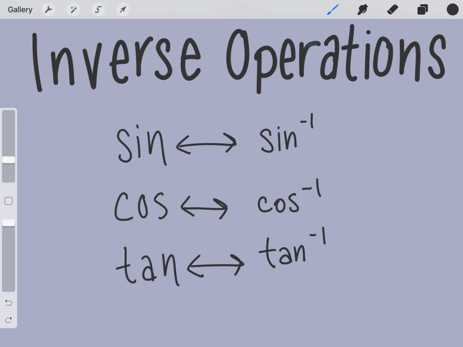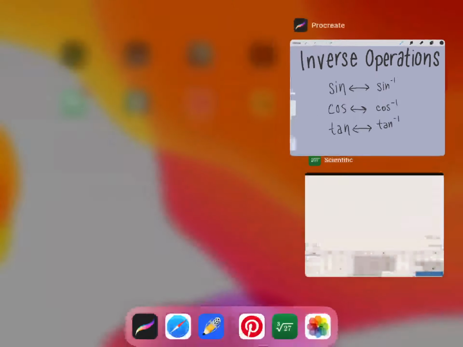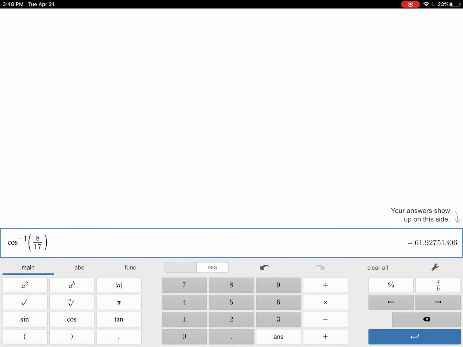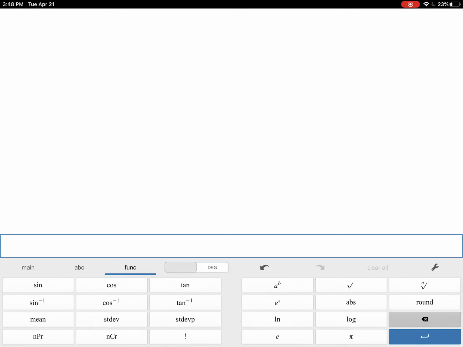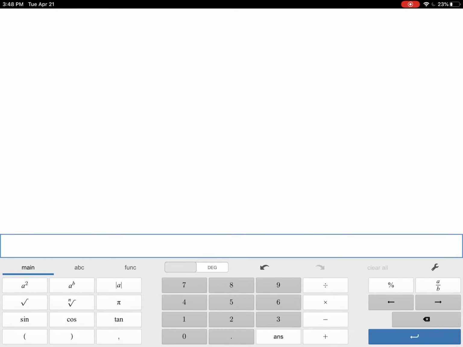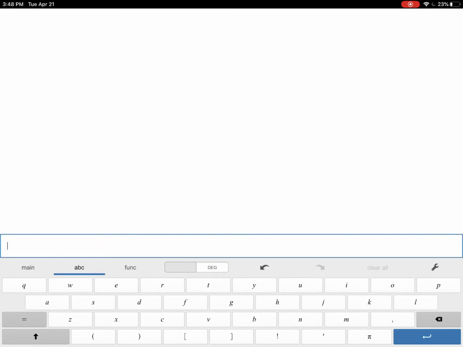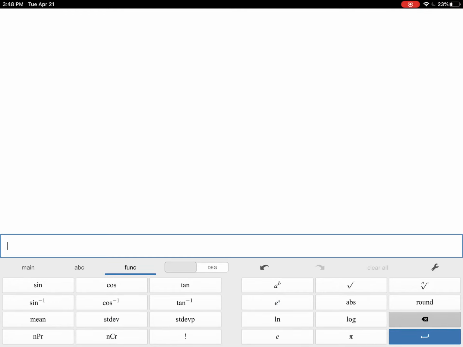Now let's look on our scientific calculator at where we find those buttons. If you go from your main tab, there are these three tabs of different keyboards. The main one is where you have all the basic functions, and then we have the keyboard, and then we have the function keyboard.